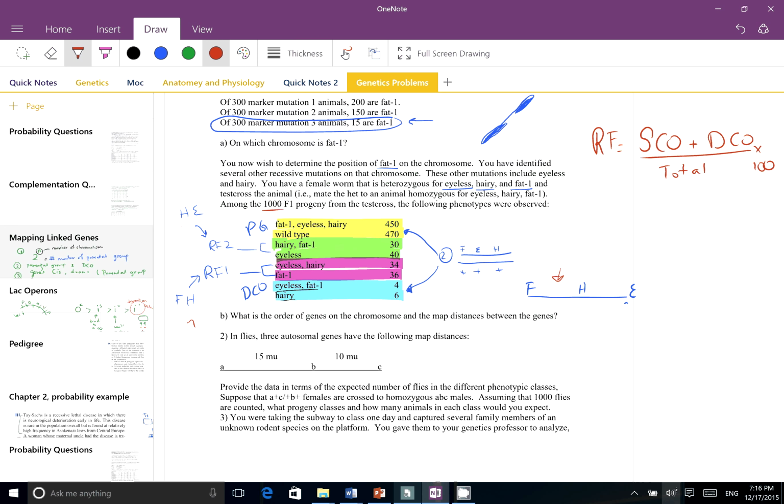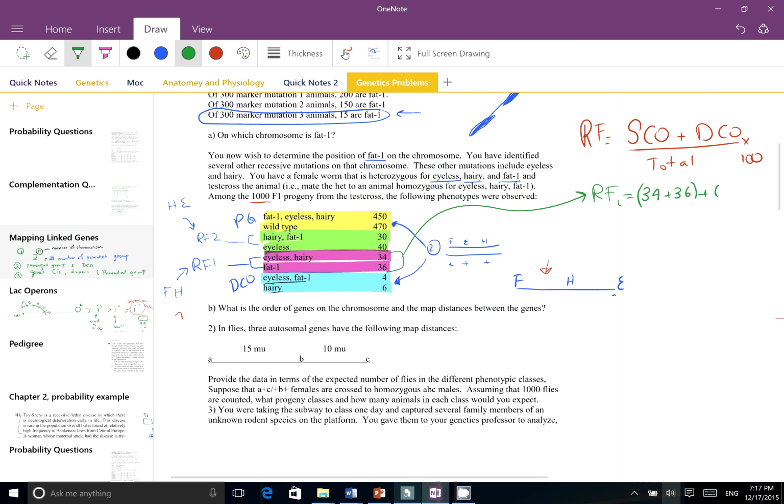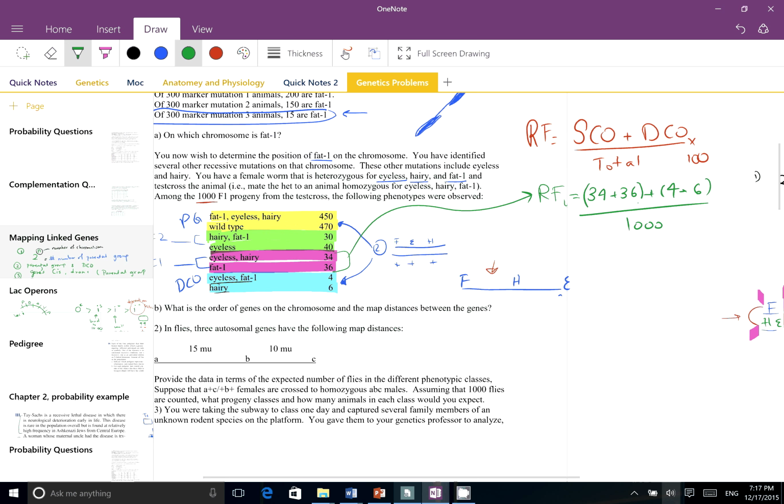So for the distance between F and H, I'm gonna use a different color. I'm gonna use these two numbers, RF1. So I'm gonna add 34 plus 36, this is for my first single crossover, plus 4 plus 6 over 1,000 times 100.